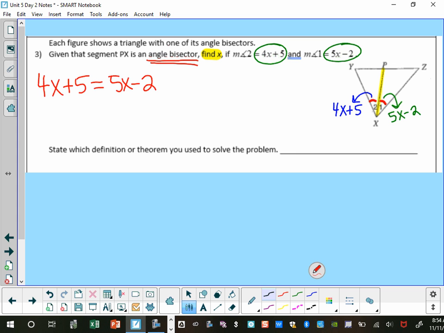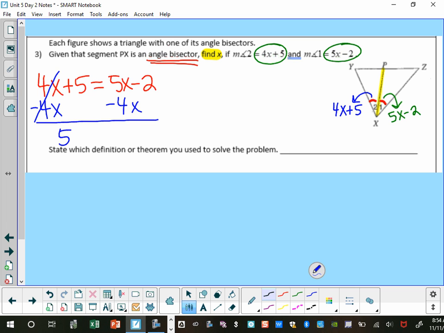This is where you can type this into Desmos, or you can just solve it as normal. You guys know how to do these kind of problems. If I were to solve it, what do I need to move first? You can choose whatever you want. Yeah, let's move 4X, that's fine. So my 4X's are gone.